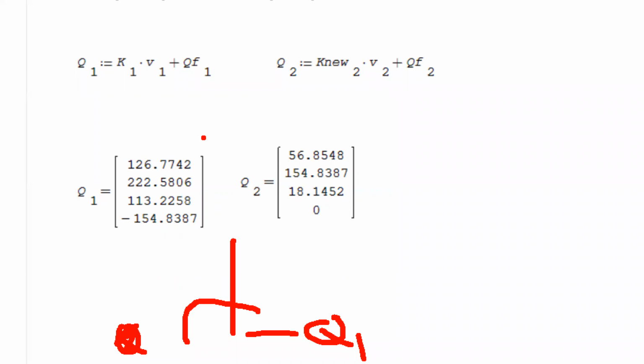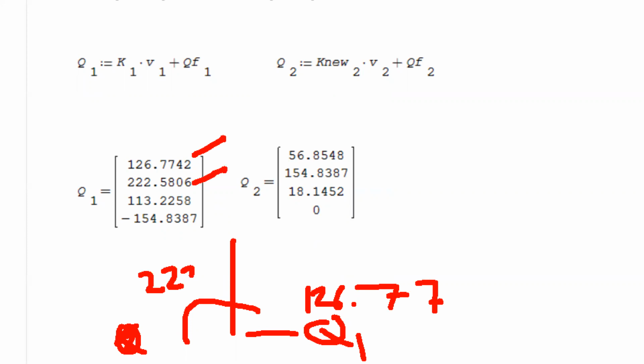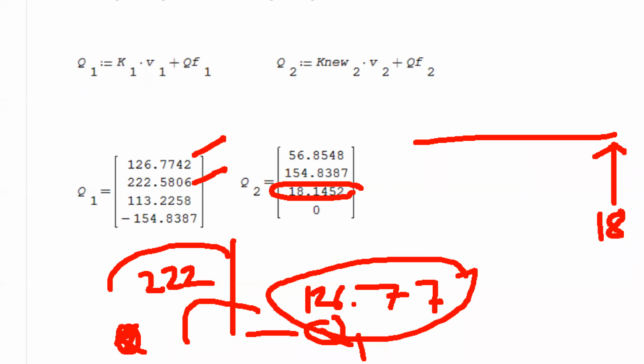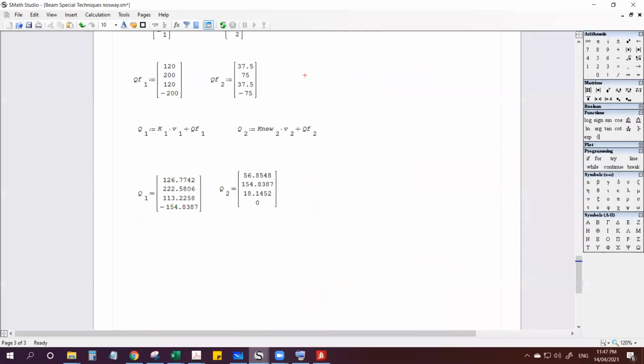This one is the horizontal, 126.77. This one is the moment, 222. Okay. For Q2, this will be 18 is the vertical. Okay. So as a reaction, we only need this 126, 222, and 18.